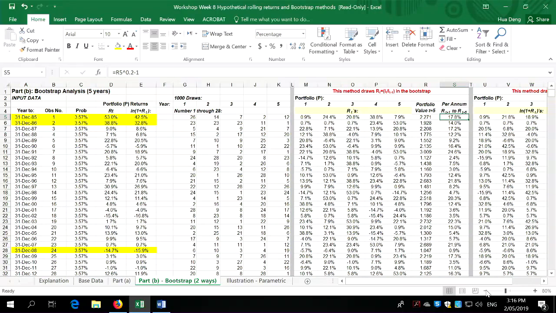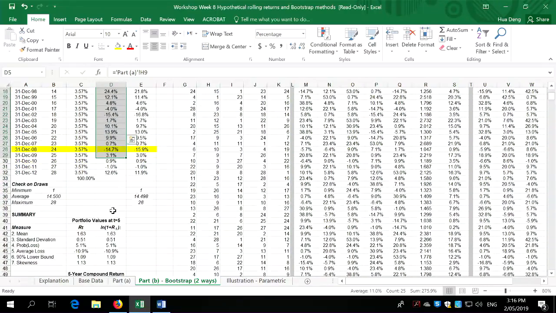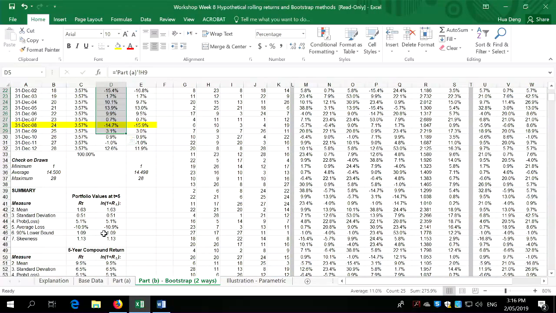The only thing that you should be very careful about is that we assume the outcomes of portfolio returns or asset returns are independent, so that you can do the random drawing, and the risk measures here, like probability of loss and standard deviation, are valid and something you can rely on in assessing the portfolio risk. If you still don't understand why they should be independent, come to talk to me.